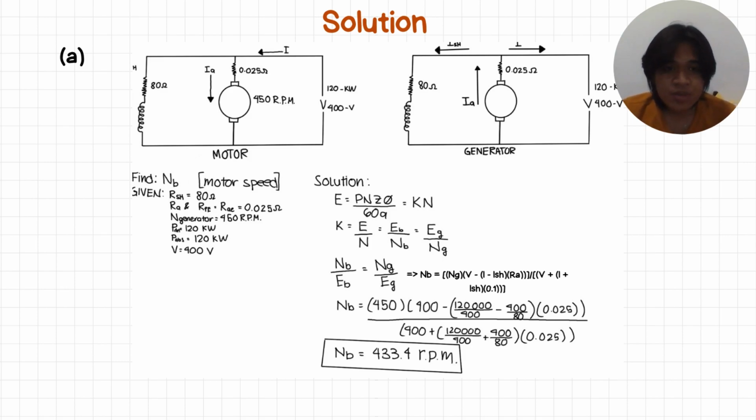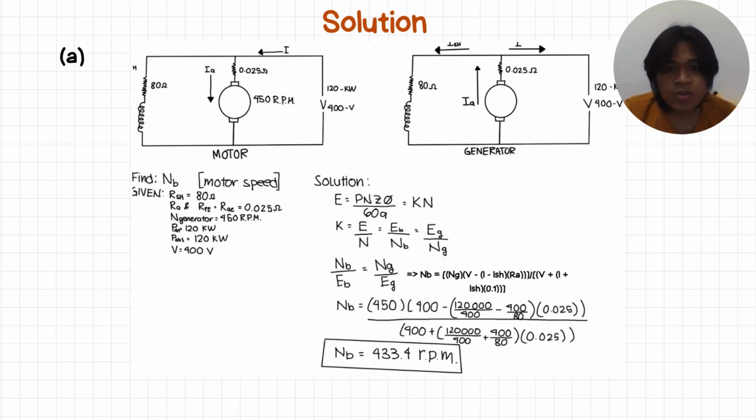But since we assume that the other parameters are constant, we can replace P Z phi all over 60A as K. They will all be treated as constant. Doing so, we will have the equation E equals K n. Of course, with this as the constant, we can now use it as E over N.